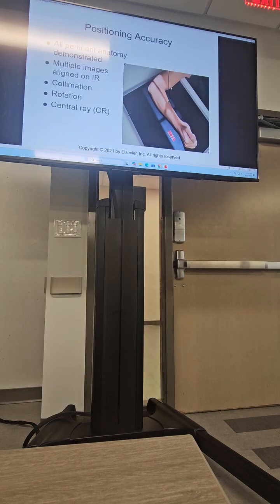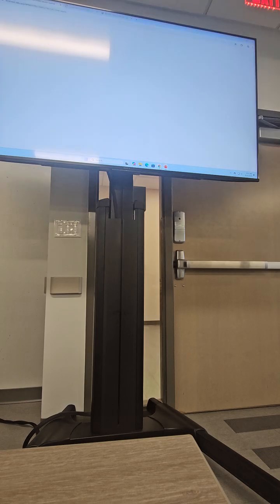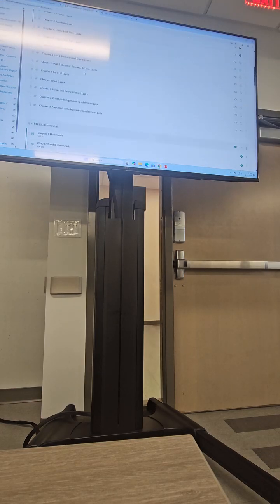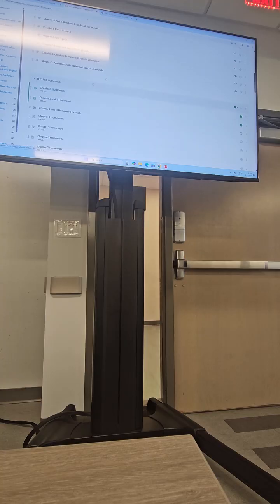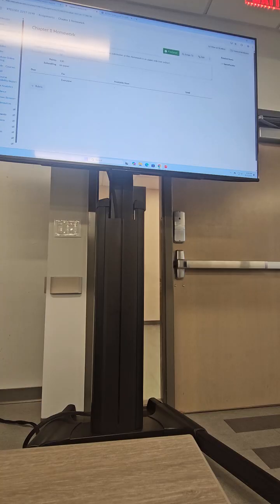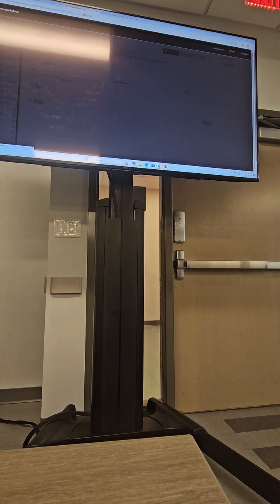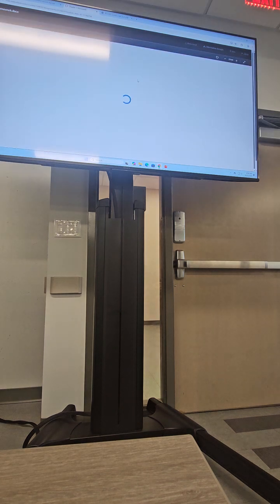Now, before answering parallel or perpendicular, I want to show you guys the homework. For the homework, I simply want you to print out the document.